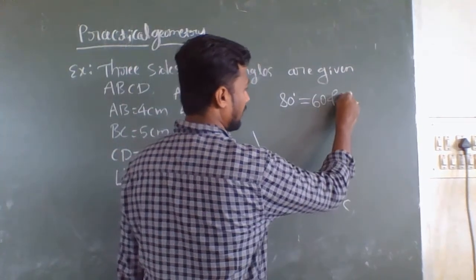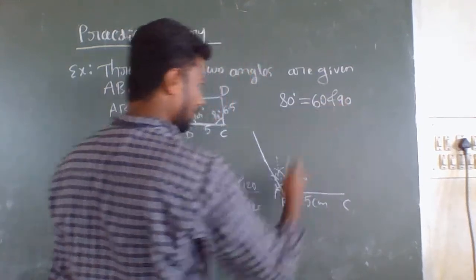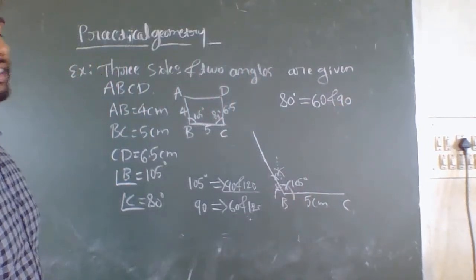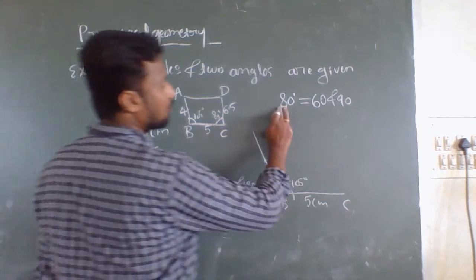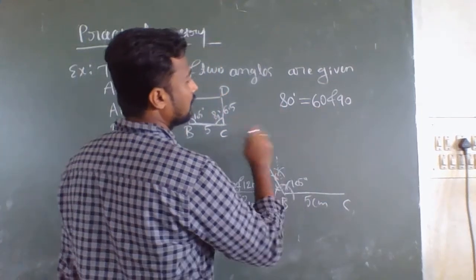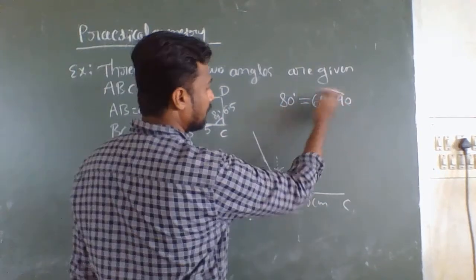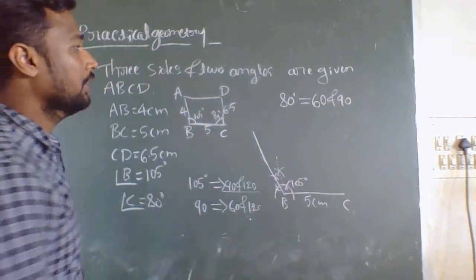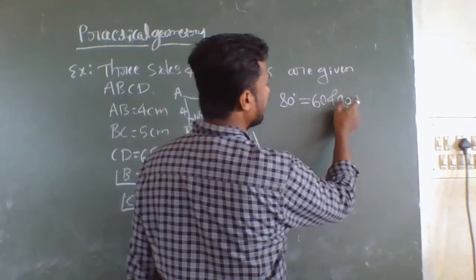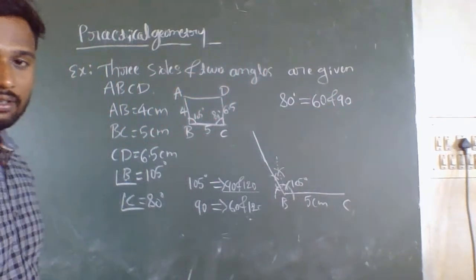For example, consider 60 degree and 90 degree. 80 is not between 60 and 90, because it is 20 greater than 60 and 10 less than 90.